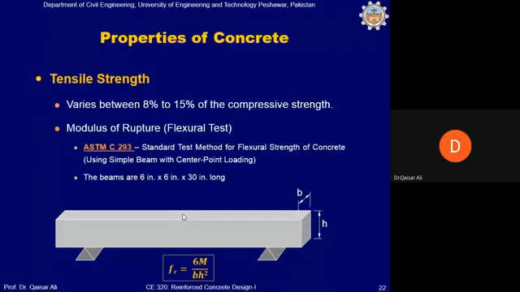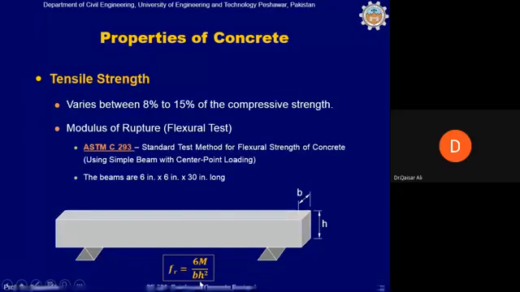So when you test this, you can determine the load P, and from the load P you can calculate the bending moment, because in a simply supported beam subjected to a point load, M will be equal to PL by 4. So the bending moment can be very easily calculated, and B and H are the dimensions of the beam. So Fr equals 6M over BH squared can be calculated.